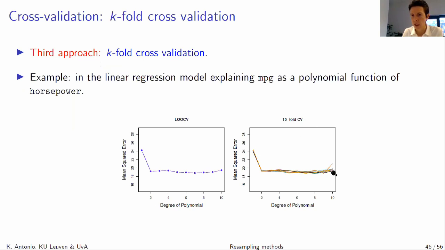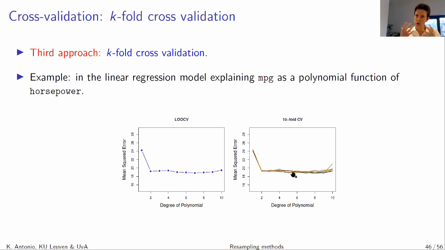Now, of course, I can repeat this 10-fold cross validation calculation. So that is what the different lines here in the graph represent. So we put the training data in 10 folds, approximately the same size, but we could, of course, repeat this experiment. And that's why you get these different lines over here.